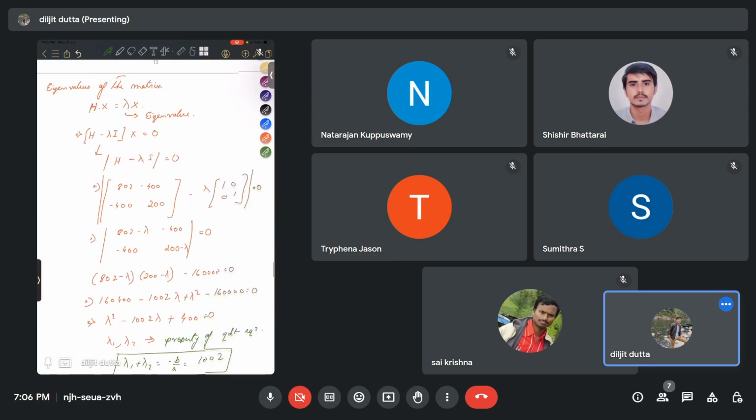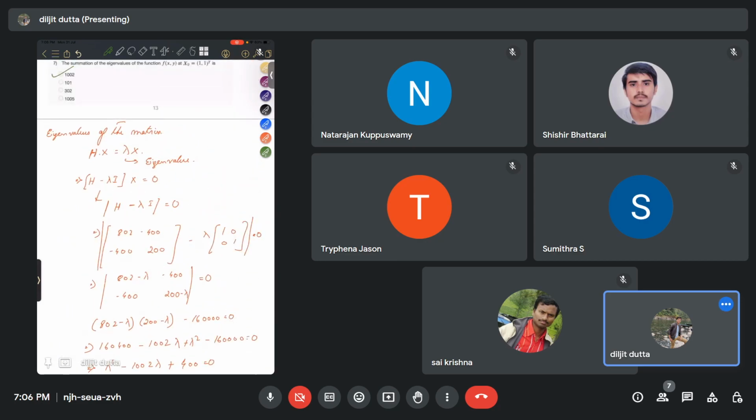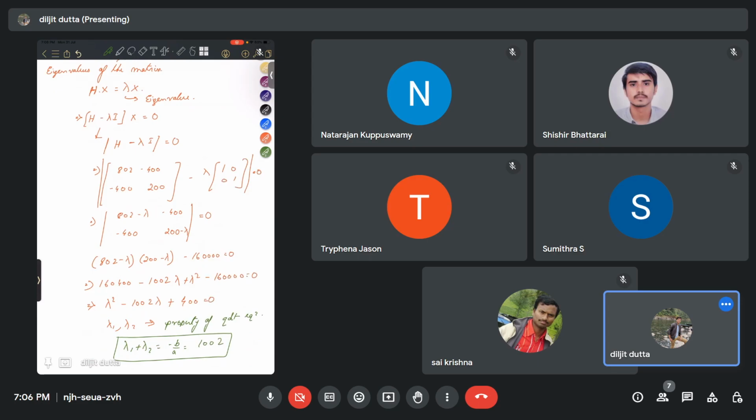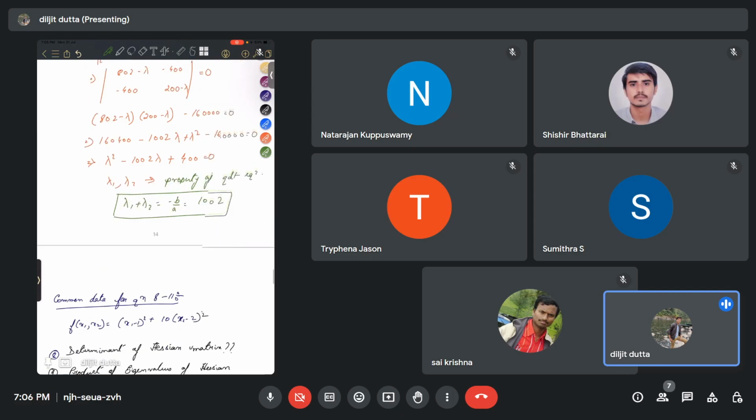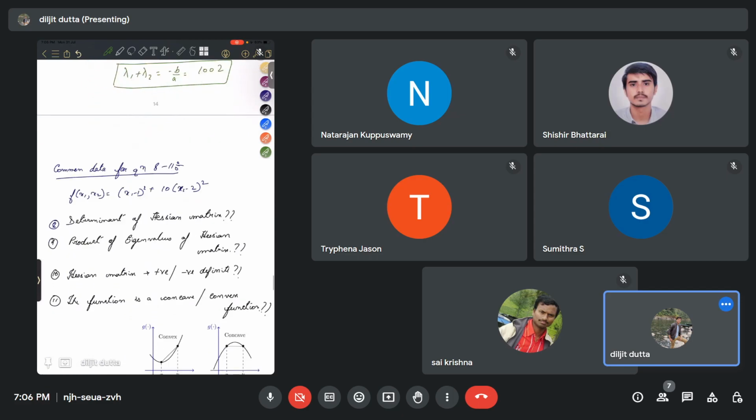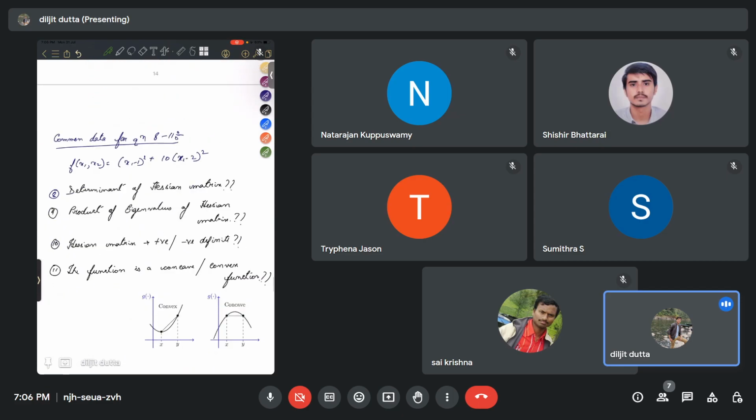I think this is basic algebra only, just finding the determinants and then getting the quadratic equation. So okay, now I'll proceed to the next question. It is similar to this, just a little bit of addition on that.